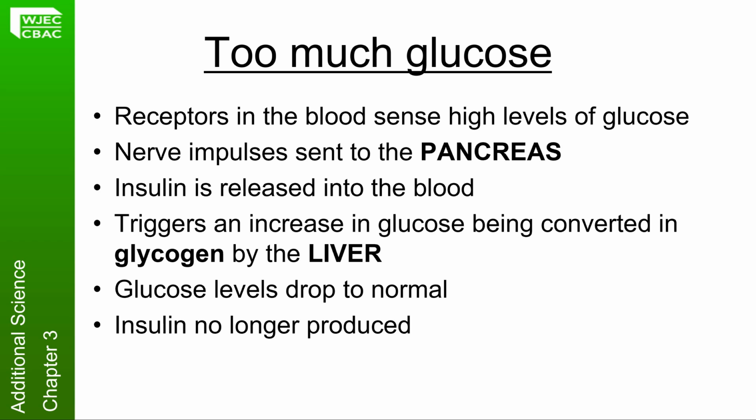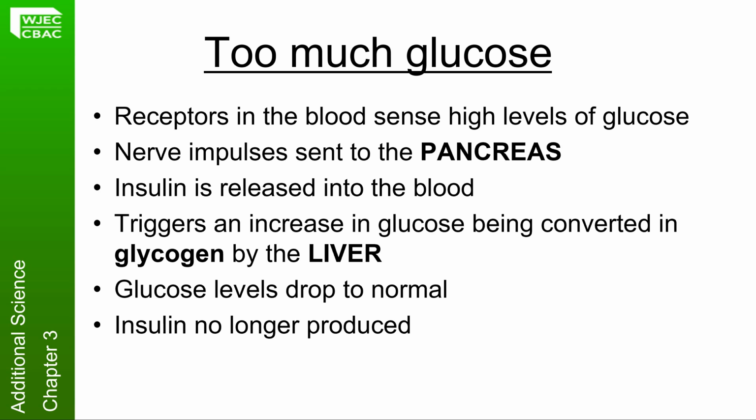So that in the future, if blood glucose levels go too low, the opposite can occur and the glycogen can be turned back into glucose, so you've got a store then of glucose if you need it. So once the insulin has triggered that conversion of glucose into glycogen, obviously your glucose levels will drop back to normal levels.